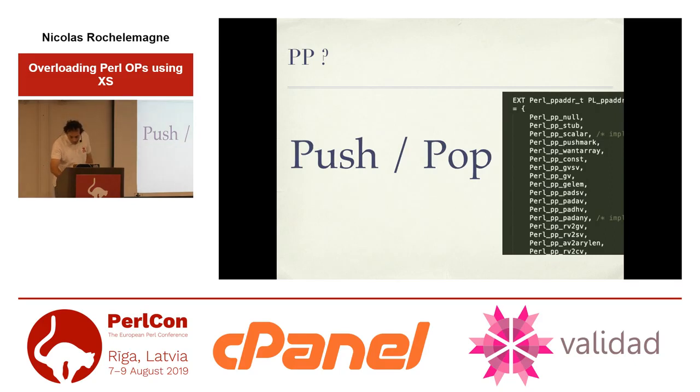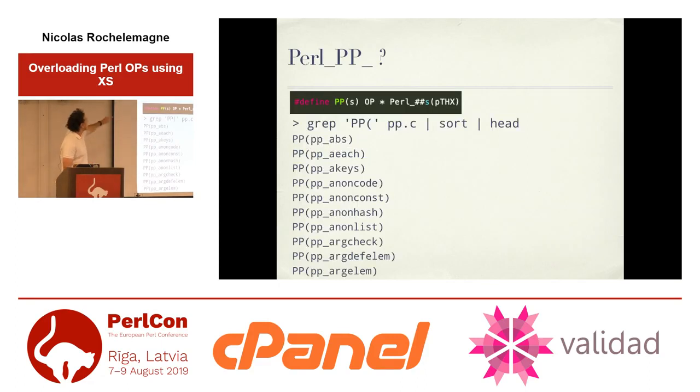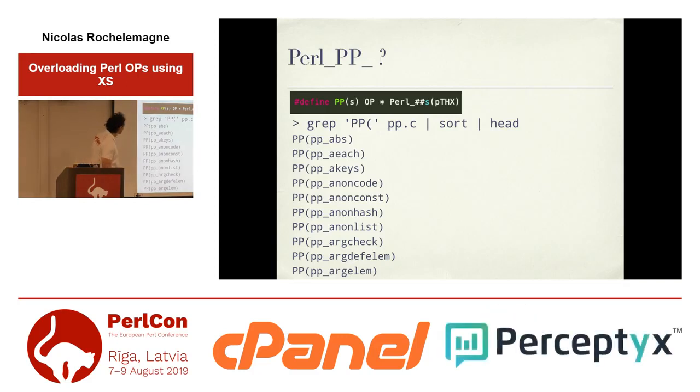Where are these functions defined? Because if you want to understand Perl internals, you will need to know where they are. And if you grep for Perl_pp, you will probably find none of them, or the only thing you will be able to find is that define there. And even that define will not match your Perl_pp. Because it's commonly used in Perl to use a lot of macros.